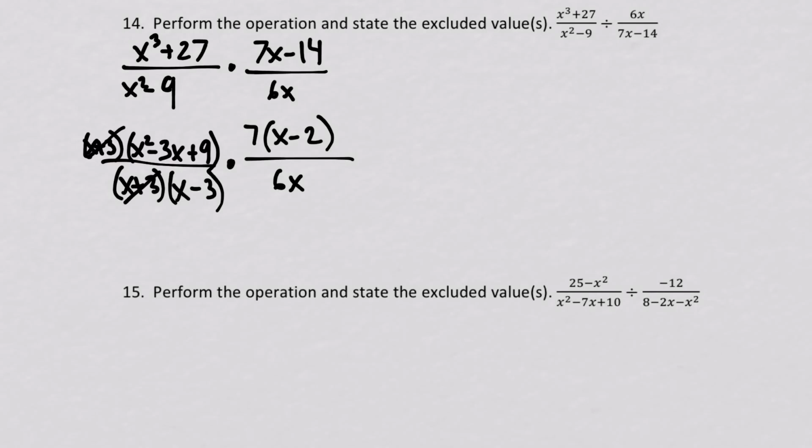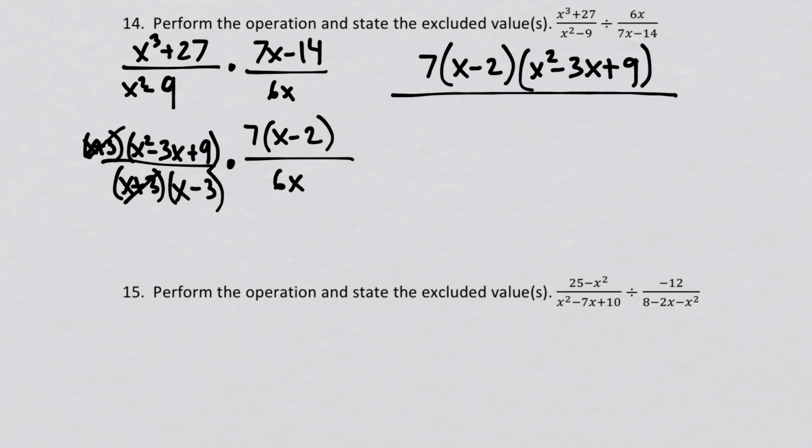Okay? So your final simplified form is 7 times x minus 2 times x squared minus 3x plus 9 all over 6x times x minus 3.